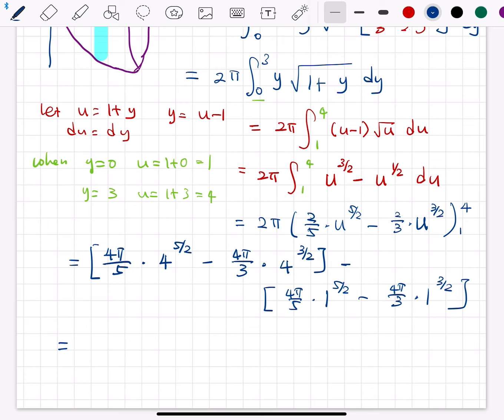4 to the 5 over 2 is going to be 2 to the 5th power. So 2 to the 5th power times 4 is 2 to the 7th power, minus 2 to the 3rd power, 2 to the 5th power over 3, minus 4 pi over 5 plus 4 pi over 3.